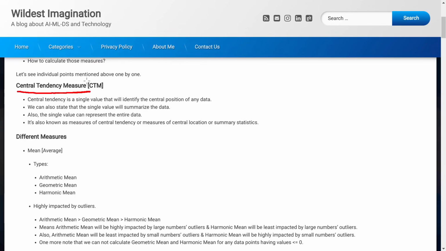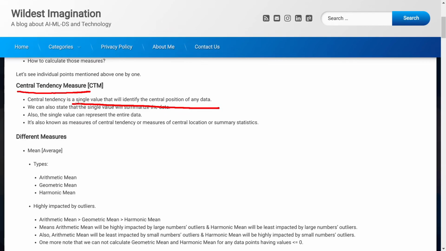So central tendency, we can say, denotes a single point or a central value of all the data points. Okay, so by central tendency we mean a central point, a central position, or a single value which will represent all the data points.